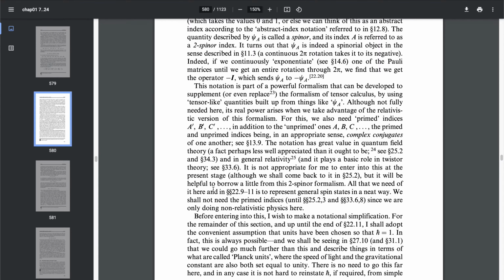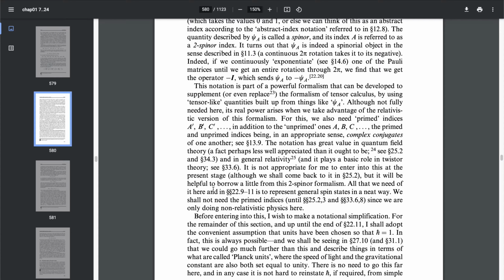Basically afterwards he's talking about how that notation in spinor formalism can actually replace tensor calculus or vector calculus. In some sense spinors are a more general or more basic entity, and for example a 4-vector could be described using 2 spinors.